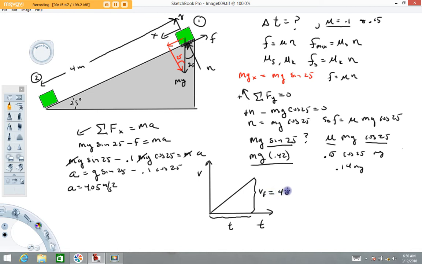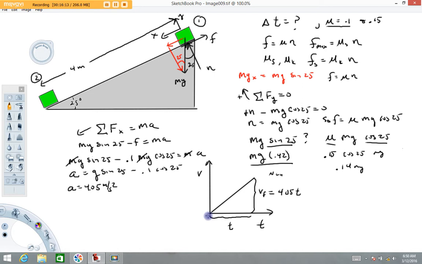So this is going to be 4.05 t, and I'm just going to put a little note, consistent units. This is coming from the fact that acceleration is the slope of a velocity curve. So the equation for this line can be written v equals acceleration times t plus some intercept, but the intercept is 0. I can see that from my graph.